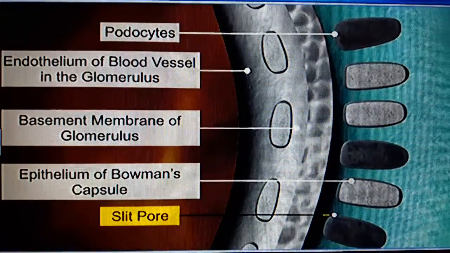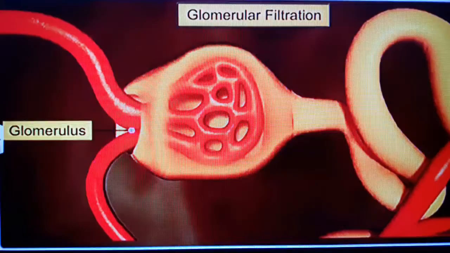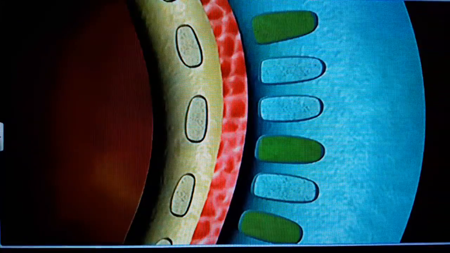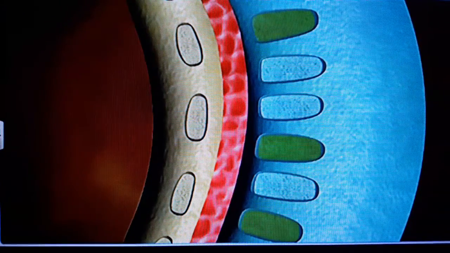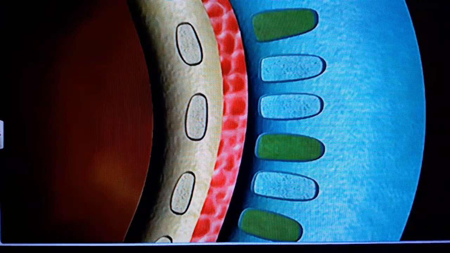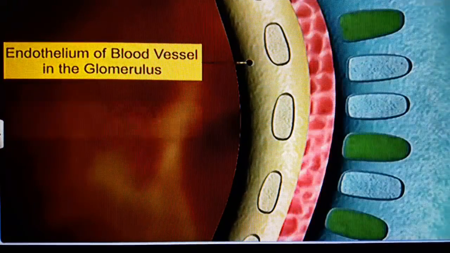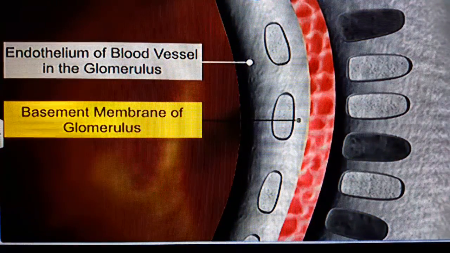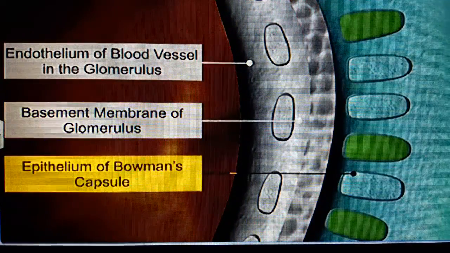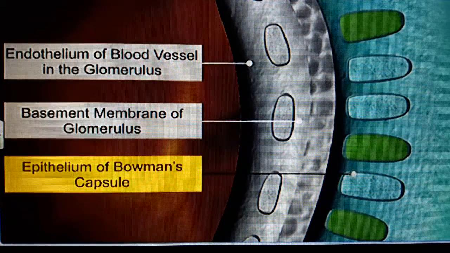So, how does glomerular filtration take place? You just look. These green colored cells are the podocytes. Endothelium, basement membrane, and epithelium of Bowman's capsule.